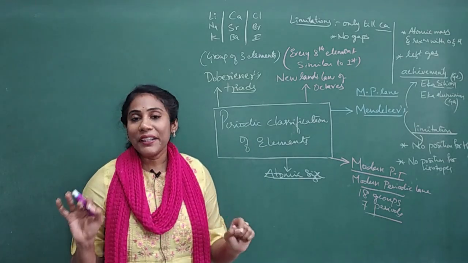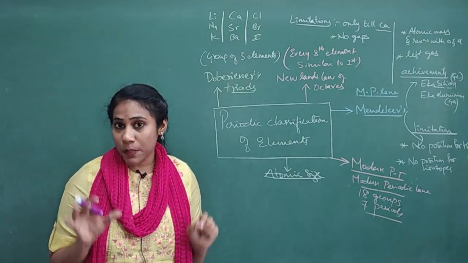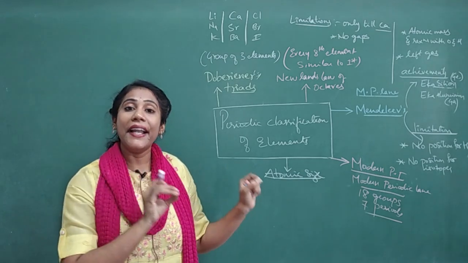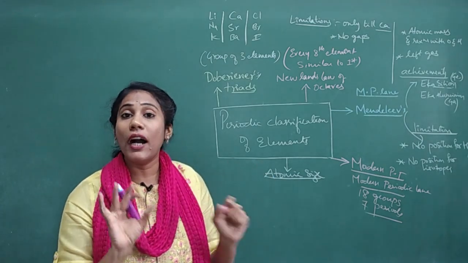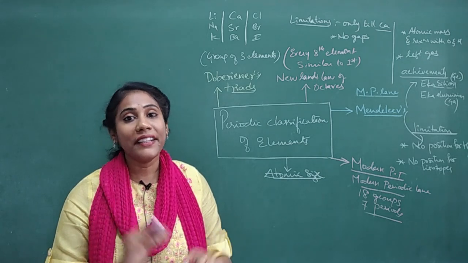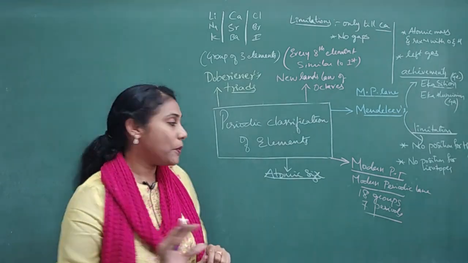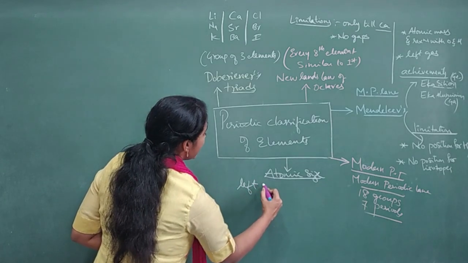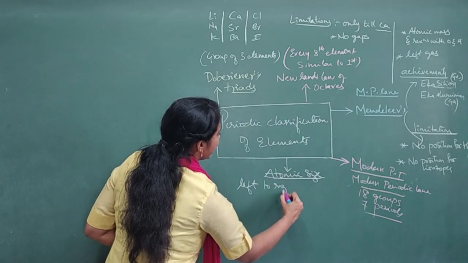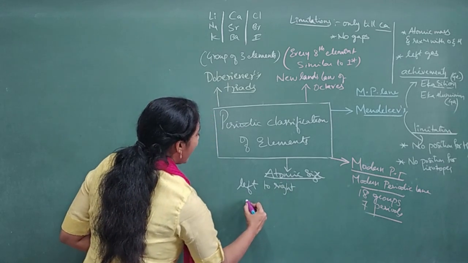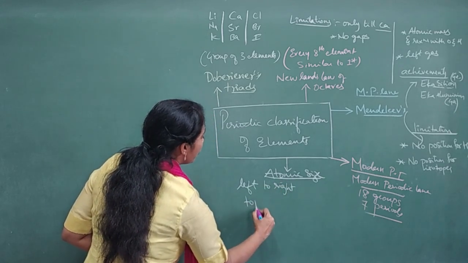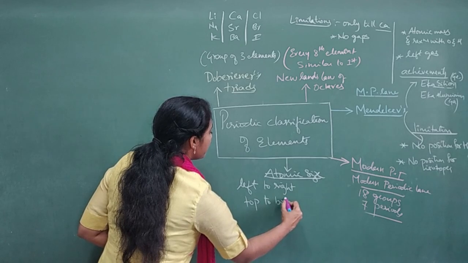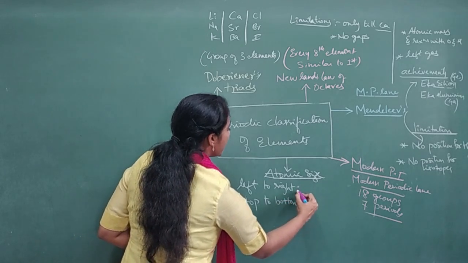Atomic size is the distance between the nucleus and the valence shell, and it is called atomic size or atomic radii. The most important thing is what will happen to atomic size when you go from left to right, and what will happen when you go from top to bottom.